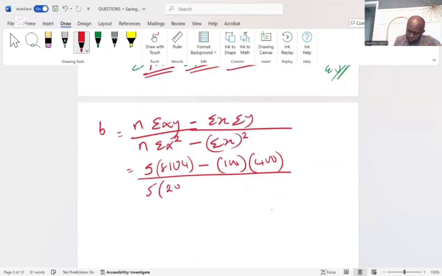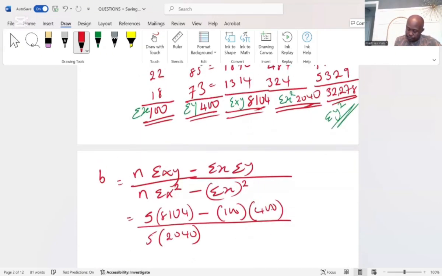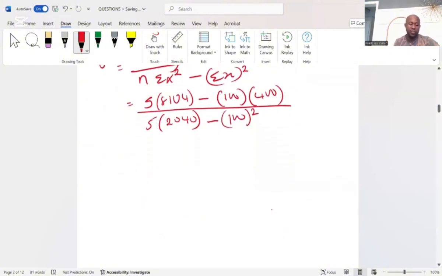And minus sum of x all square. Sum of x is 100, so it means 100 square. From this point, it's easy.